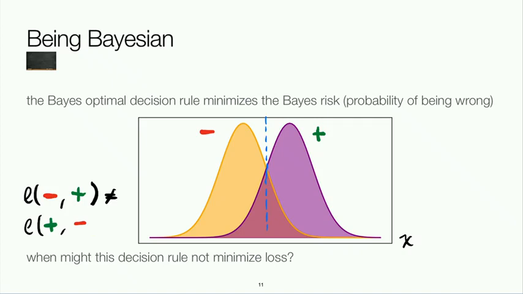Maybe this is much higher. If that's the case, then you might not want to draw this decision boundary straight down the middle. Maybe you want to hedge your bets a little bit and be more likely to predict yes, you have this disease, even if that's not the most likely class. So maybe you draw your decision boundary somewhere out here to minimize this loss that's different from just the probability of being wrong. It assigns different weights to these different mistakes that you could make.